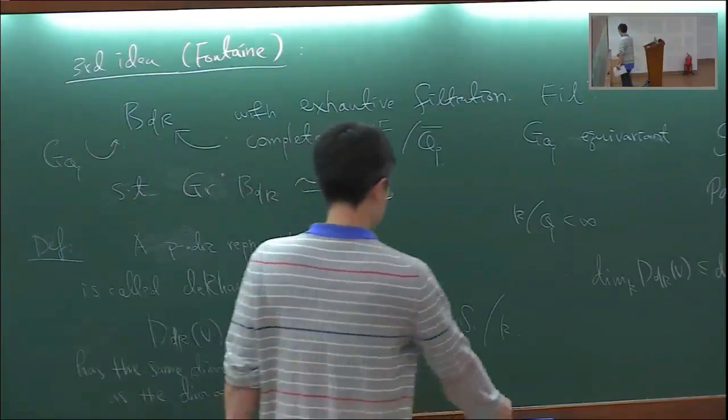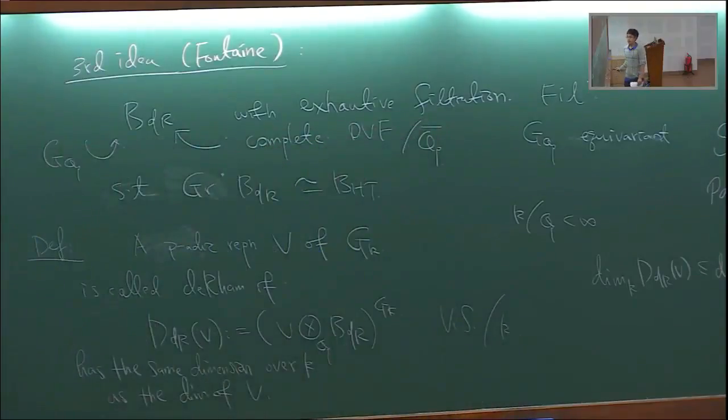And Faltings proved that this is actually the right object we expect. That is, we really have this de Rham comparison.